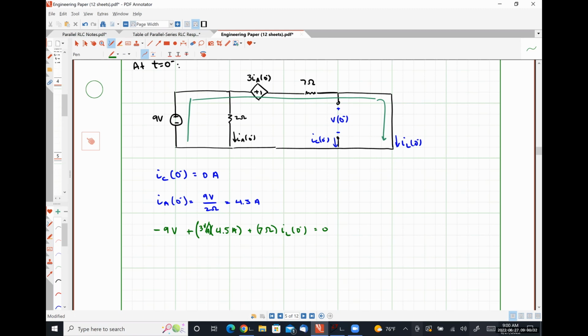So let's see, from that, IL at 0 minus is going to be 9 volts minus 3 times 4.5, so that's 13.5 volts, all divided by 7 ohms.